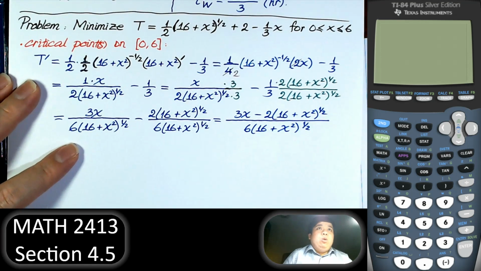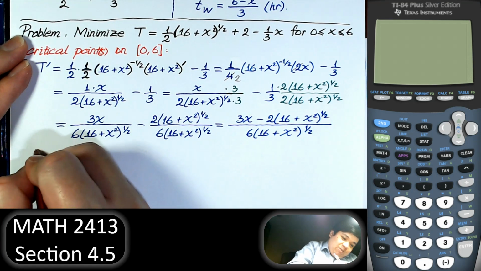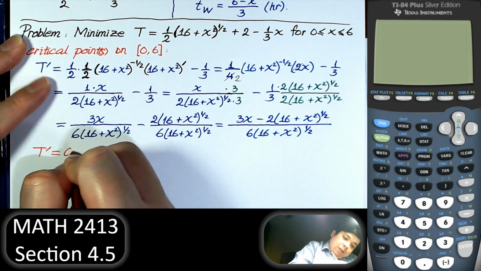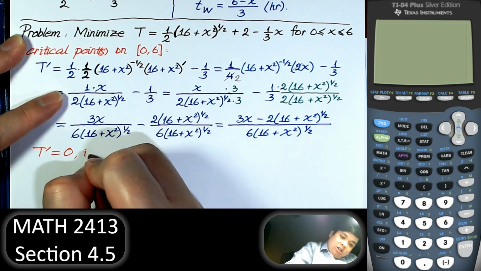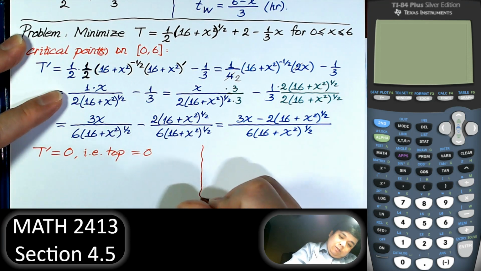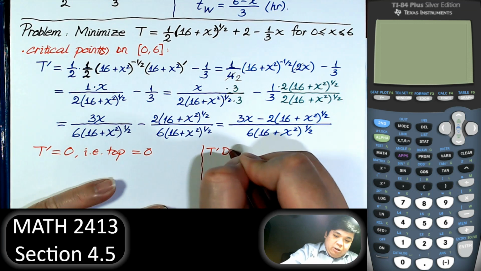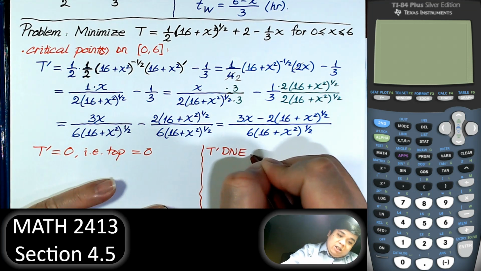Now we have the derivative, so set it equal to 0 or where it does not exist. Very standard. When we have a fraction, that means the top is 0, and then the bottom equal to 0 is when the derivative does not exist.